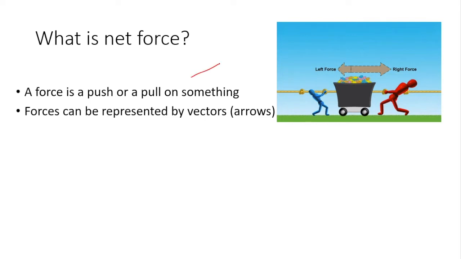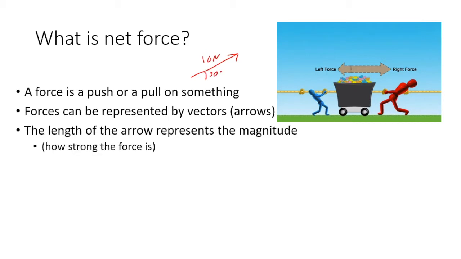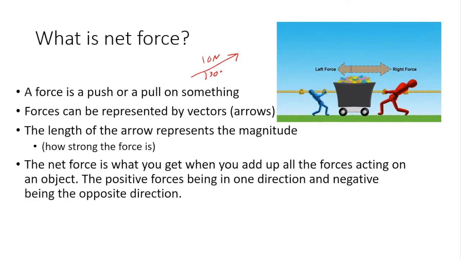For instance, let's say I have a force here that is 10 newtons, and it's 10 newtons at a 30-degree angle. We need to remember that the length of these arrows is going to represent the magnitude, meaning that the longer our arrow is, the bigger that force will be. Net force is what we're going to get when we add up all of our forces acting on an object.